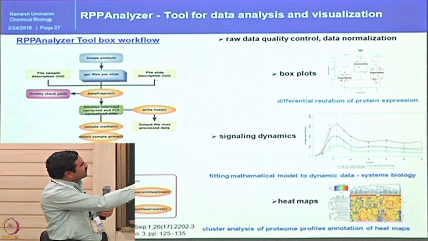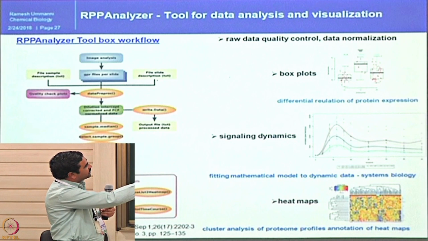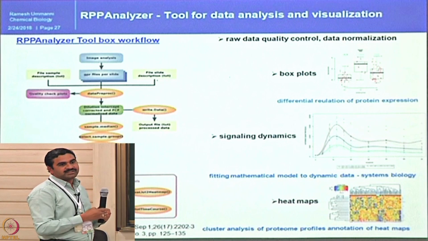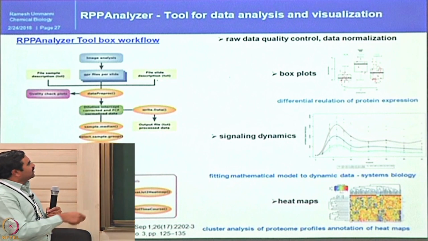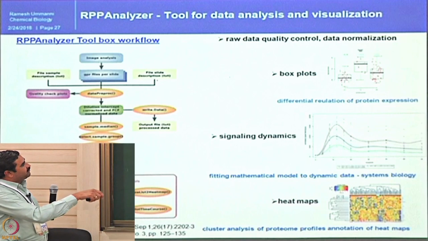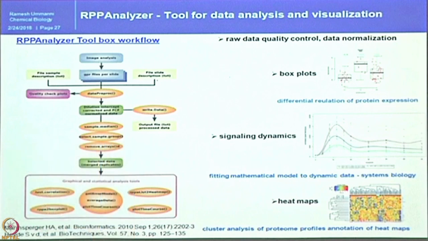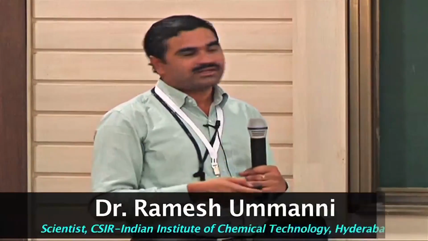Simply you can see that in the first few minutes signal is going up, then started going down. So, signal dynamics we can measure, and also we can fit this information into a mathematical model to make a kind of network, or to make a platform, or to devise a pathway regulation over the period of time, how it is getting stimulated, activated or inactivated and so on.